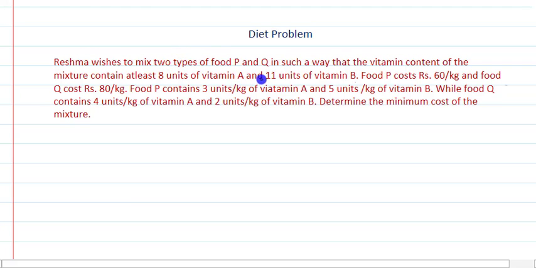In this problem, the producer wants to make two types of food, P and Q, and he wants that these foods should contain at least 8 units of vitamin A and 11 units of vitamin B. Now, cost of food P is given to you and cost of food Q is also given to you per kg. It is also given how much food P and Q contain per kg of vitamin A and vitamin B. Now we need to find out minimum cost.